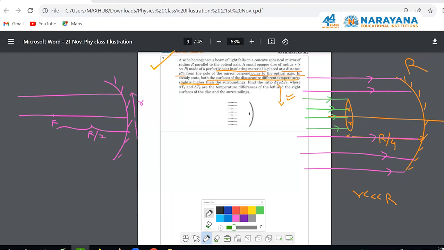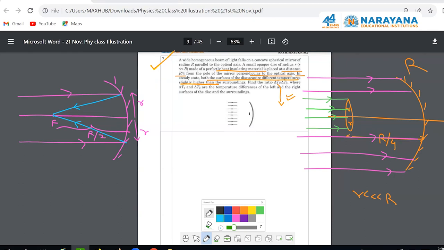Treat this value as small r. Consider only these rays which are above this, because the ones below will be absorbed by the left hand side. Now, technically, if nothing would have happened, they would have all reached this place, right? So all the radiation which is above this place also will finally reach this place.